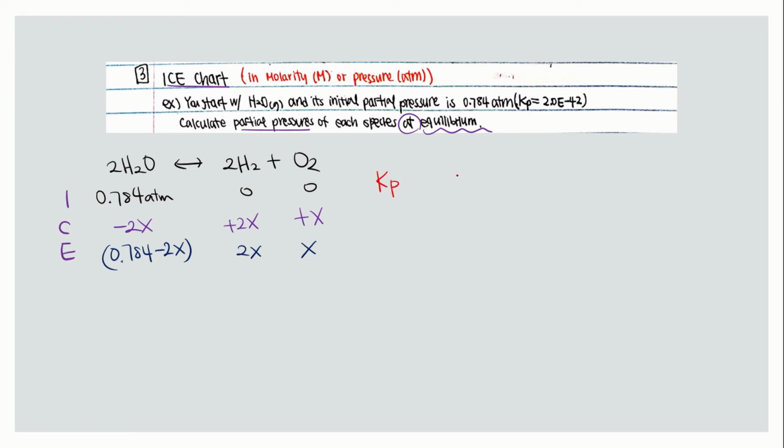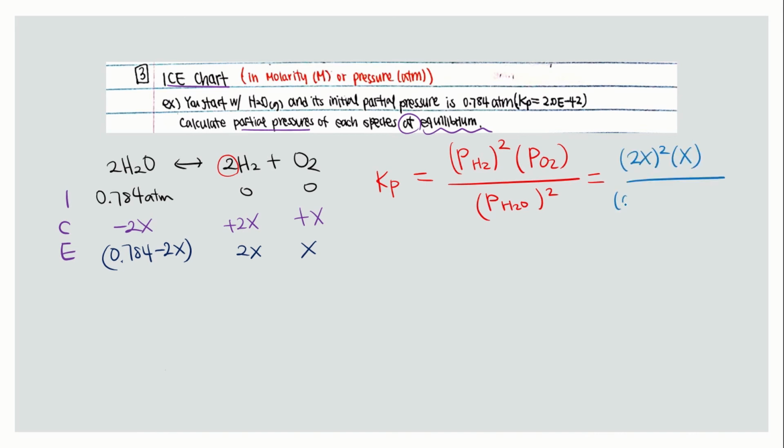So as we just learned, Kp will equal the partial pressure of H2 squared because of this coefficient, times the partial pressure of O2, over the partial pressure of H2O squared. So we have these terms, so we just plug these in, which is 2x squared times x over 0.784 minus 2x squared.